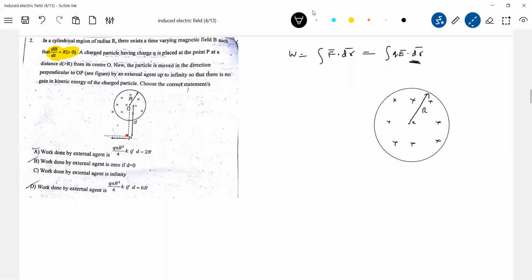There's a radius, so we do have a path here, no? Let me do it like this. So this is the point O, this is the point P, and let me take this as A, and this distance is infinity. This is far away at infinity.